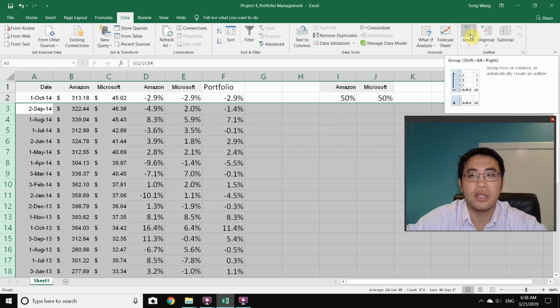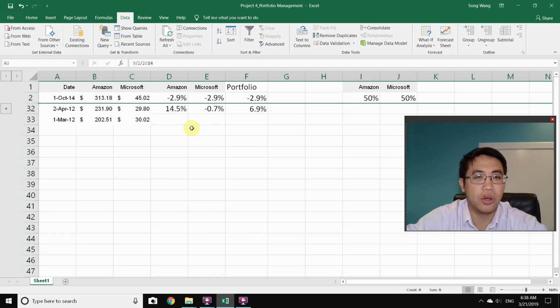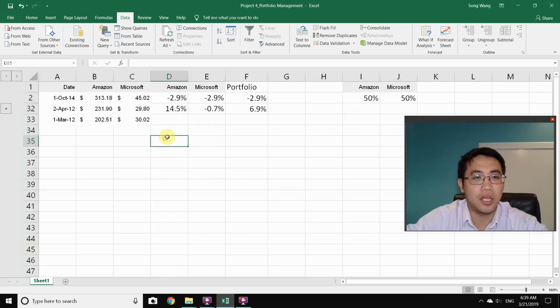I'm going to click this Group button, and then I will see a button 1 and a button 2. If I hit button 1, the rows I selected are hidden, not deleted, but hidden. If I hit button 2, then all the rows are expanded, they just appear. This is a view I really like to see.